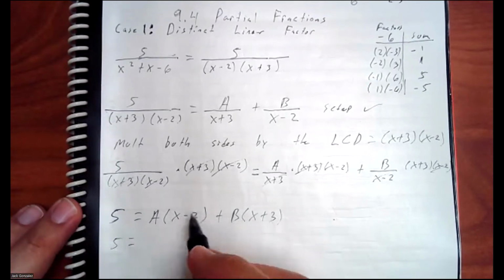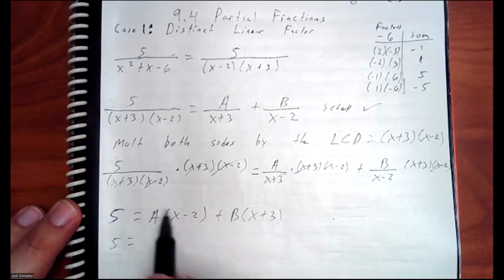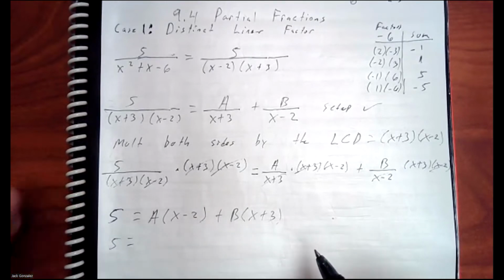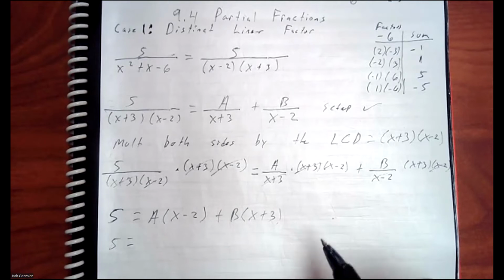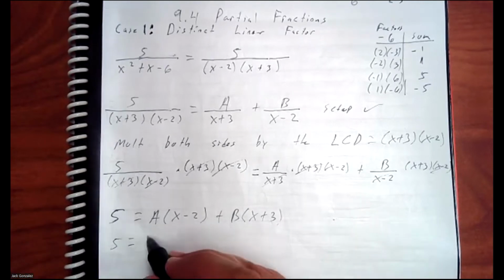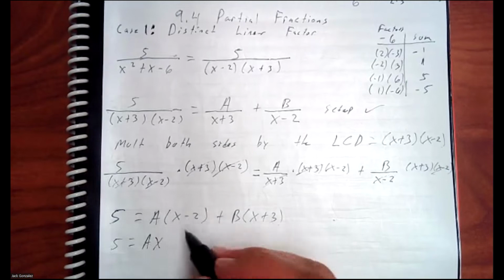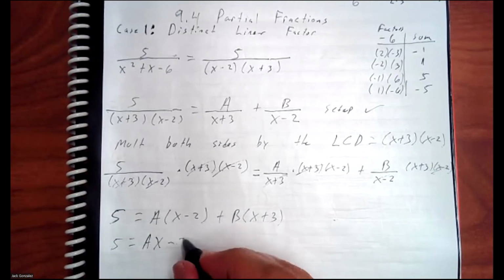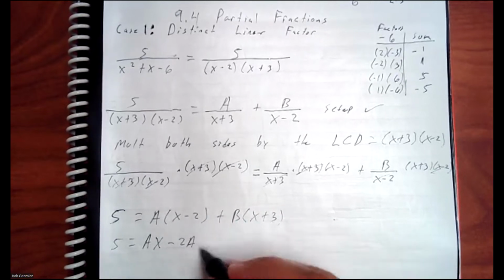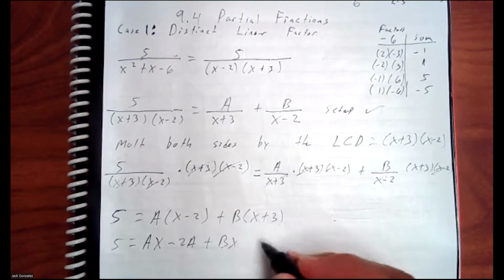So here we go. First thing you got to do is distribute your A and B and gather all your like terms together. Just put them next to each other. So AX, A times X, A times -2, B times X, B times 3.